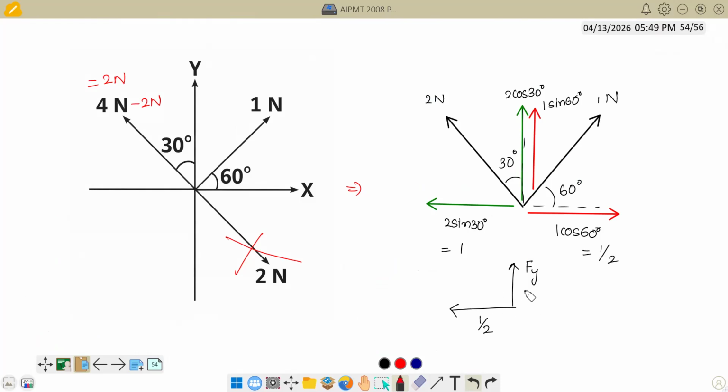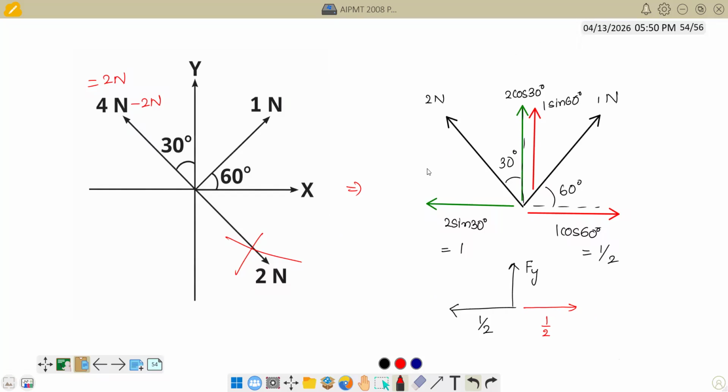For the resultant force along the x direction to be 0, that means the additional force that I require is 1 by 2 to the right. Because 1 is to the left, half is to the right. So I hope this is clear to you. So when you have the net force half in the left direction, to counterbalance it, we need a net force half in the right direction.